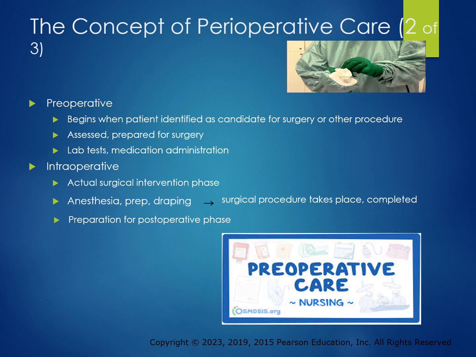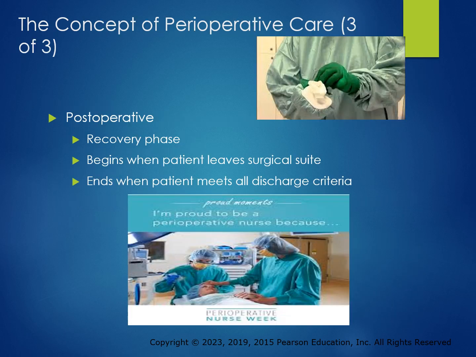On completion of the surgery or the procedure, when the patient is stable and breathing effectively, the patient is prepped for the post-op period. So once the surgery is over, they go to the post-operative phase, and this is the recovery phase.